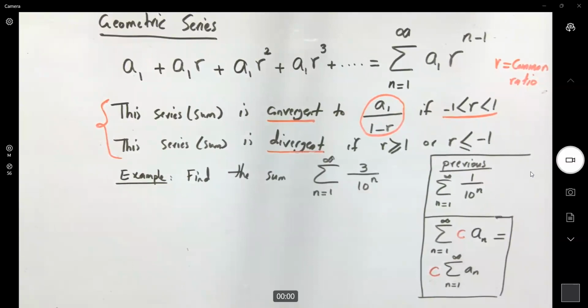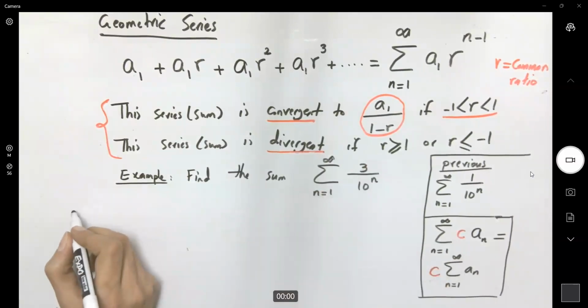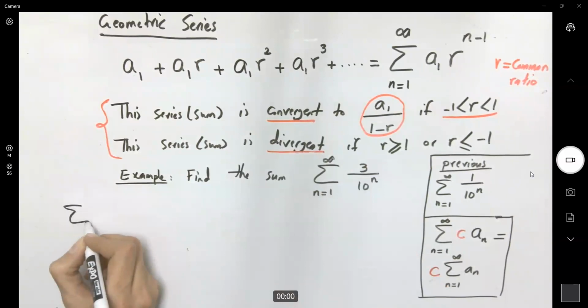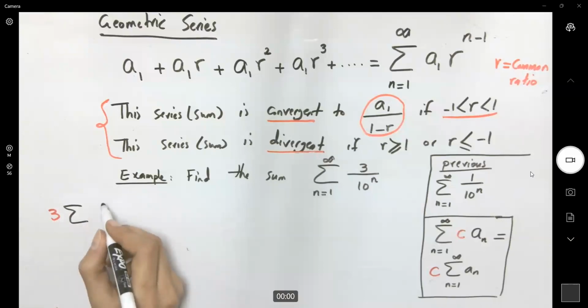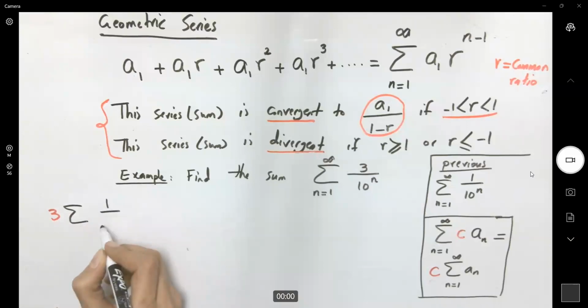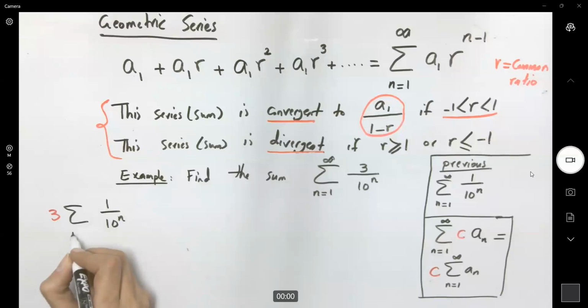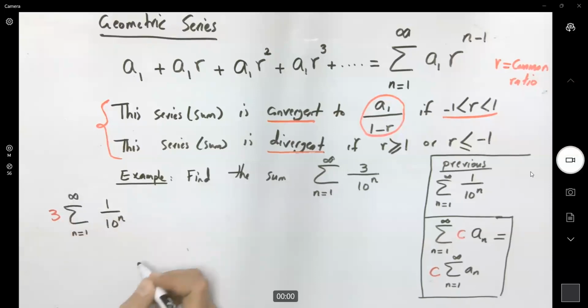C is multiplied by an. So what I'm going to do, I'm going to take 3 and write it in front of the series. So I have the series, 3 goes in front because it's just a scalar, and I end up with 1 divided by 10 to power n and start from 1 to infinity.